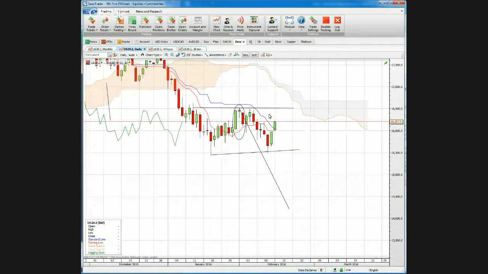But again, the US stocks seem to be holding on a little bit better than FTSE and the European counterparts. So from a medium-term perspective, we wouldn't consider really changing our negative view until prices broke above 16,500. Now, double bottom formation sticks out here.